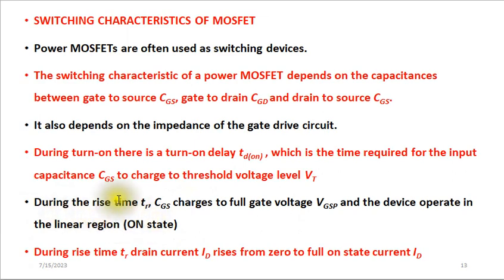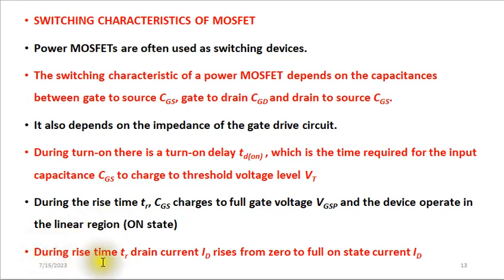Now, during the rising, we have a rise time TR, which depends on CGS, and this is the time it will take for the voltage to increase from the threshold voltage to the VGS. And it is operating, as I told you, in the linear region.